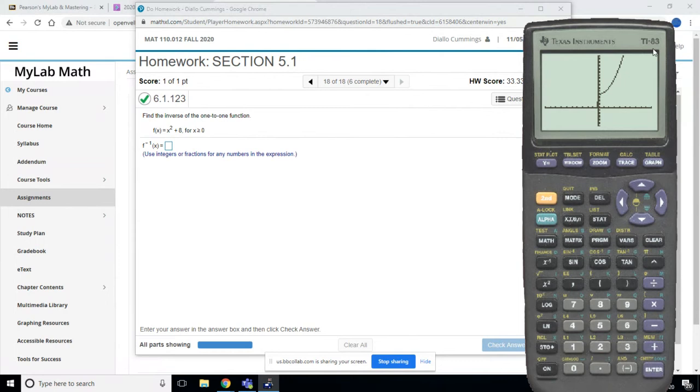All right, so I'm going to go back to the document, and we're actually going to work out this problem. We're asked to find the inverse, and this is 5.1, number 18.